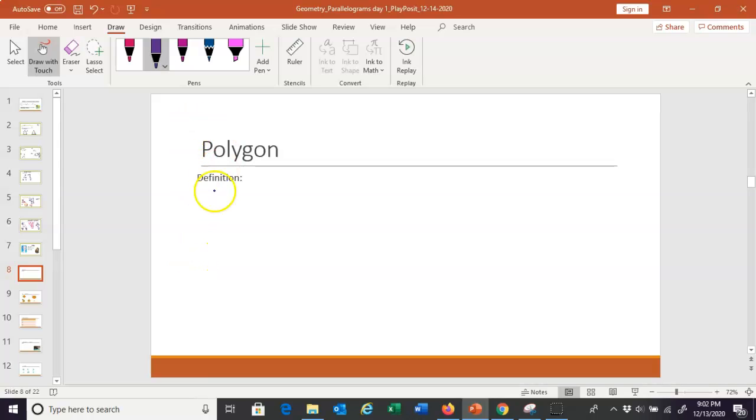So just to give it a formal definition, you can add this to your notes. It's a closed shape, so there are no openings. And there must be straight edges. So a circle, for example, is not a polygon. That's pretty much it. It's a closed shape with straight edges.